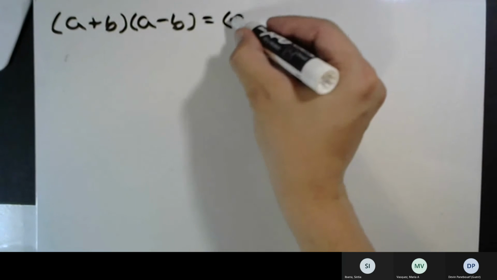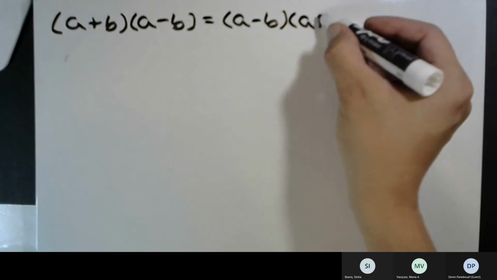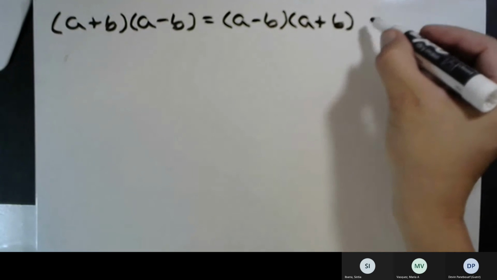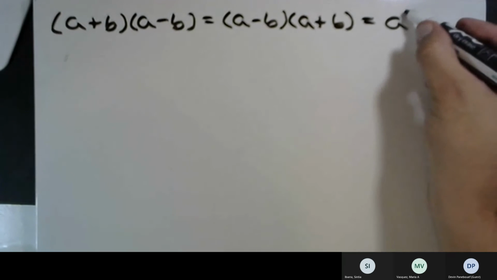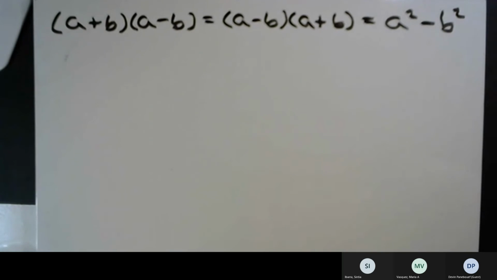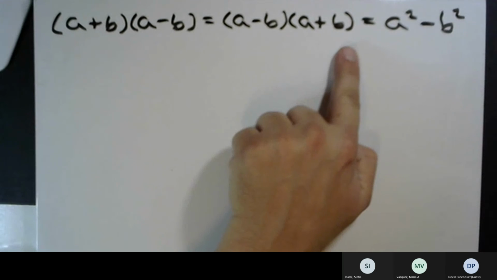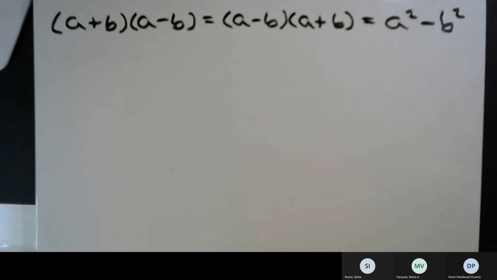This is the same as a minus b times a plus b, or a squared minus b squared. You're going to get the same result, whether it's this or whether it's that. You're going to get this.